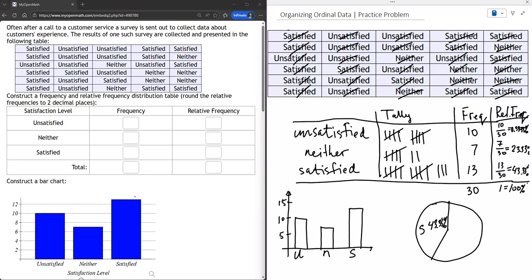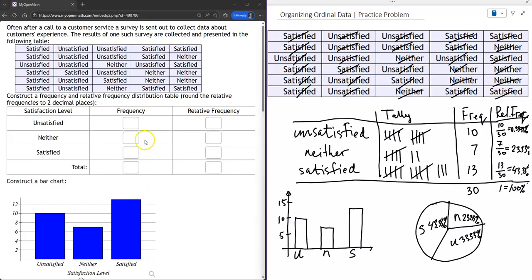Roughly a third will be unsatisfied, and what's the last one? Neither will be less than a quarter, 23.33%. So that's how you do it by hand.